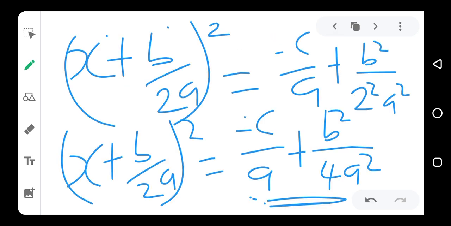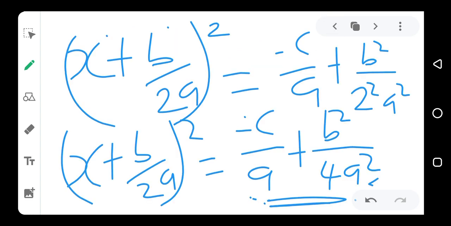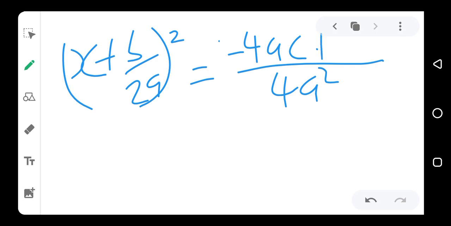Now you come to this side, the common factor, which is 4a squared divided by 4a squared, for this side we get 1. Then 1 times b squared will give us b squared, plus b squared.